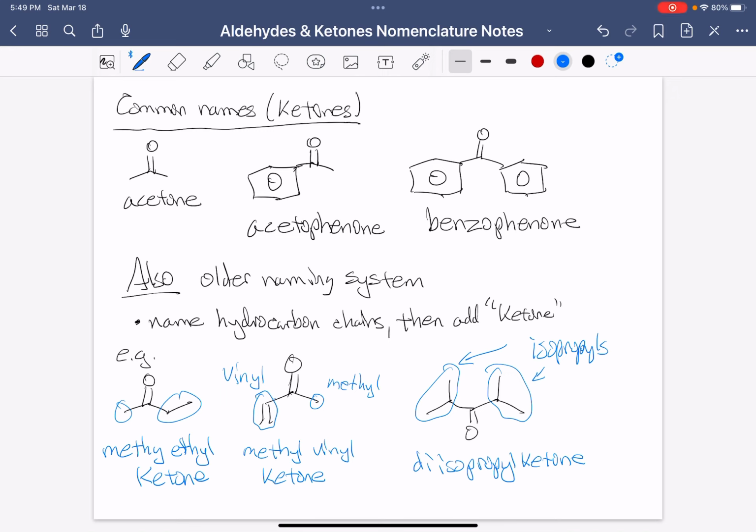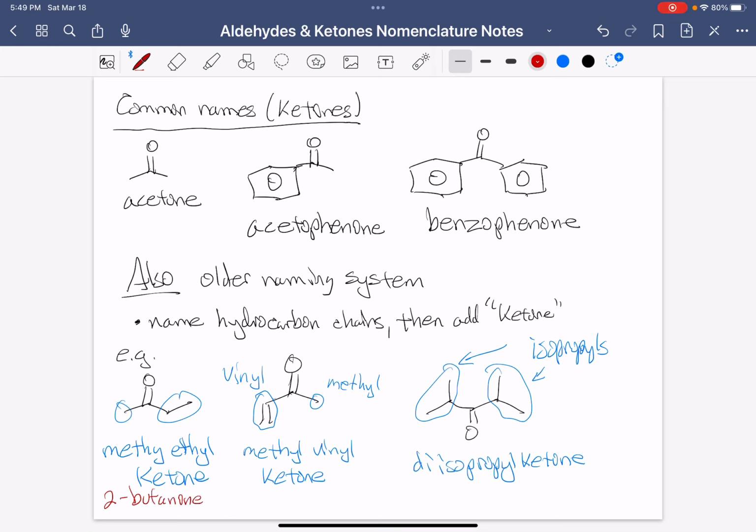And what might be good practice is actually to name these with the IUPAC names. You guys can pause while you're watching this and give it a try. And then now that you've unpaused and come back, I'll go ahead and write these in. This would be 2-butanone or just butanone.